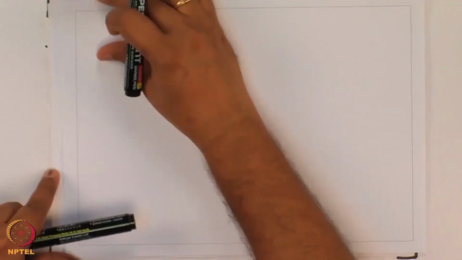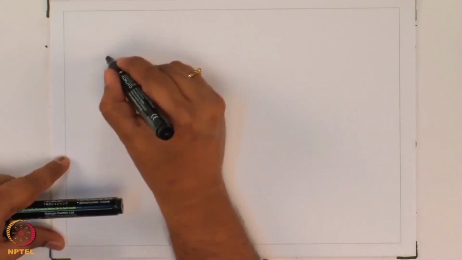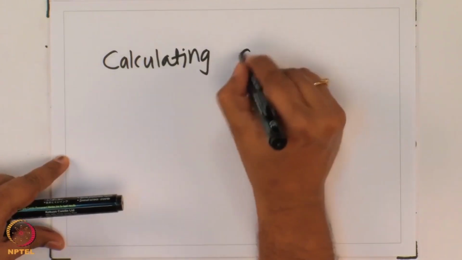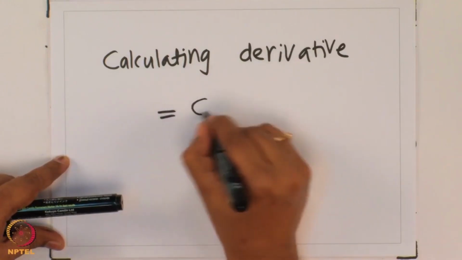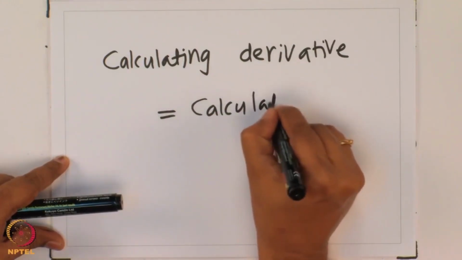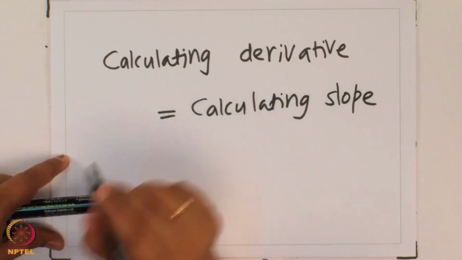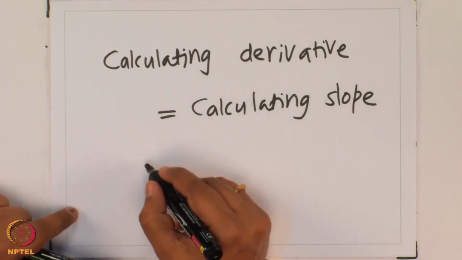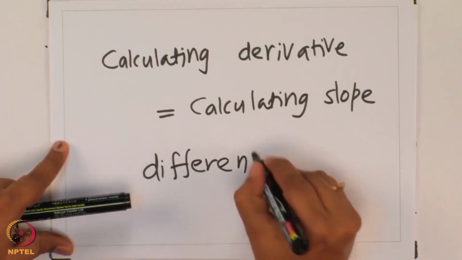In mathematics there is a process called differentiation, which is calculating the derivative, the same as calculating slope. This process in mathematics is called differentiation.